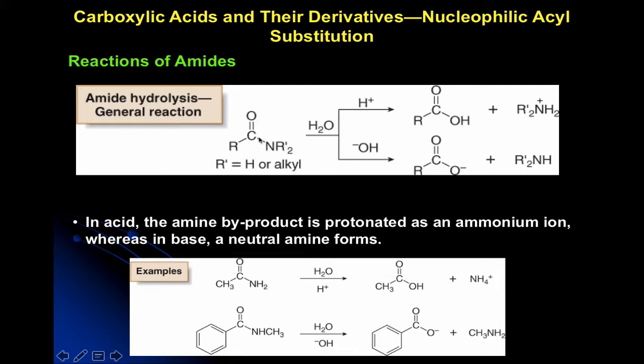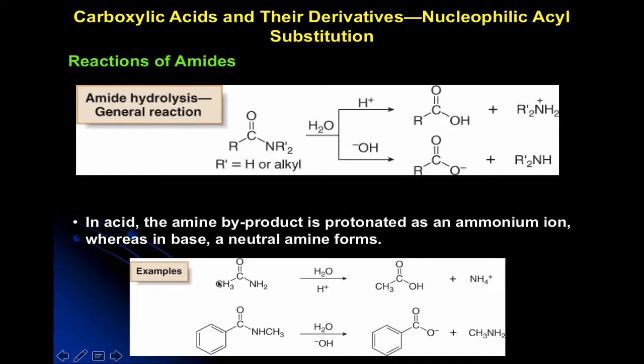This is the bond that is used in proteins and peptides, but nonetheless, these can be hydrolyzed to carboxylic acids and amines. Under acidic conditions, of course, you're going to get the free carboxylic acid and the protonated amine as a result of the leaving group here. But under basic conditions, you're going to end up getting a carboxylate and the free base of the amine.